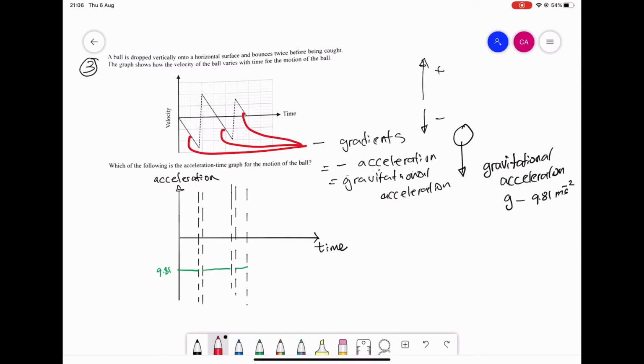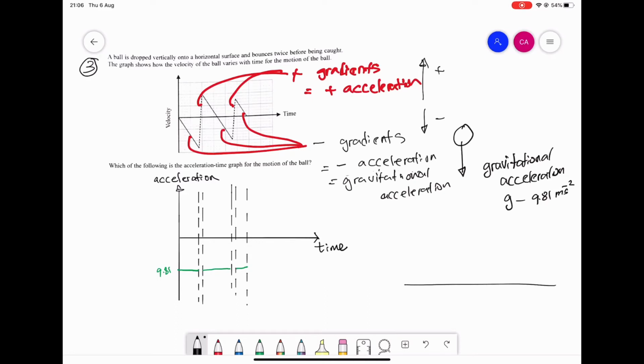And what corresponds to these positive gradients? So these are positive gradients, which means a positive acceleration. So when the ball is dropped, there is a time where it hits the surface.